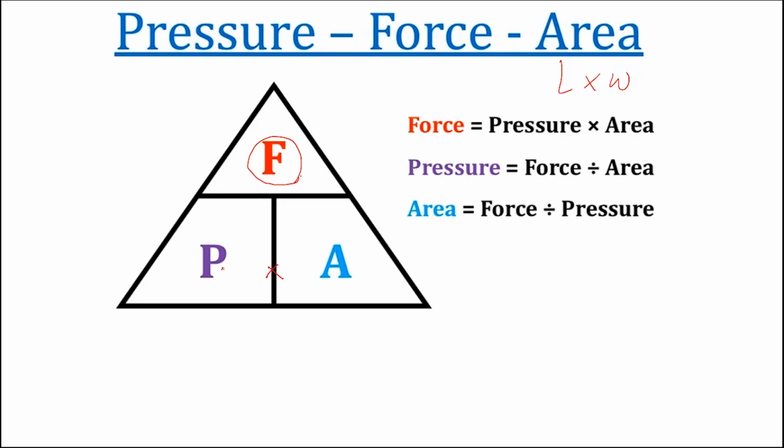Formula for force is pressure into area. Then next is area. If you need to find out the formula for area, then area is equal to force upon pressure. So these are the three formulae, and with the help of these formulae we will find out the force, pressure and area.